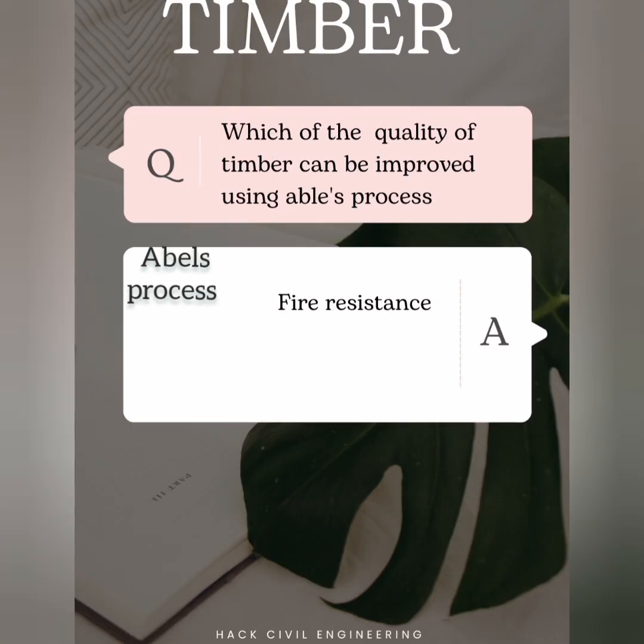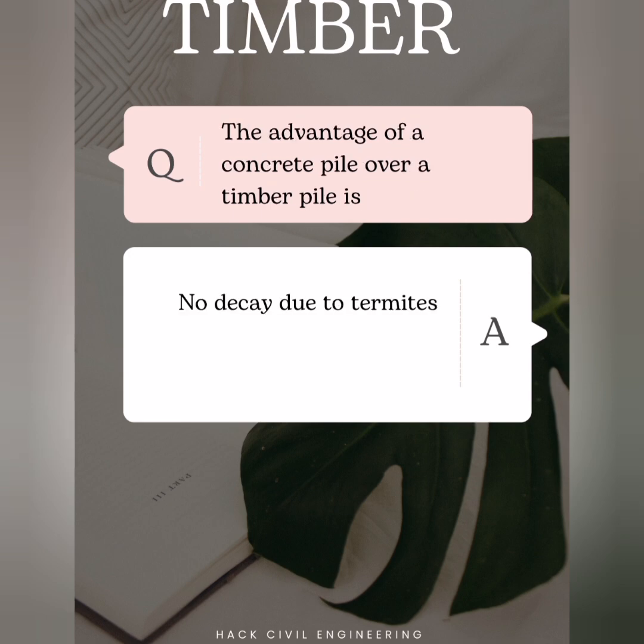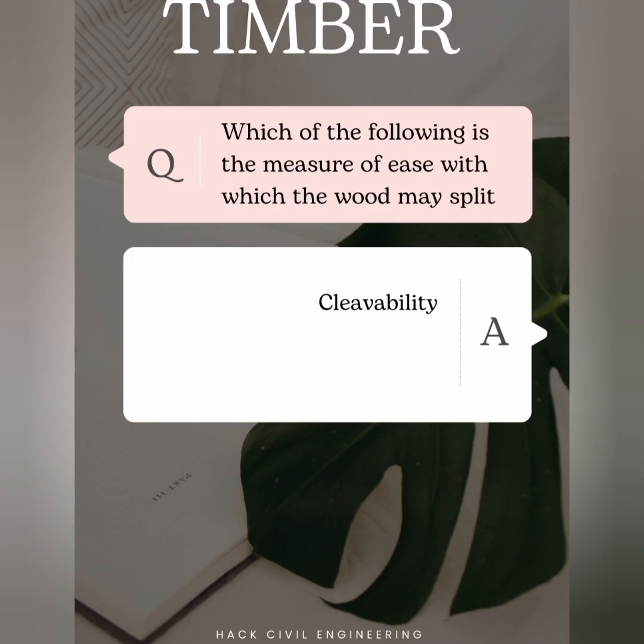Which quality of timber can be improved using Abel's process? Fire resistance. The advantage of concrete pile over a timber pile: no decay due to termites. Which of the following is the measure of ease with which the wood may split?